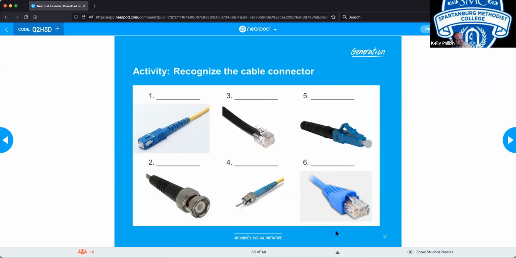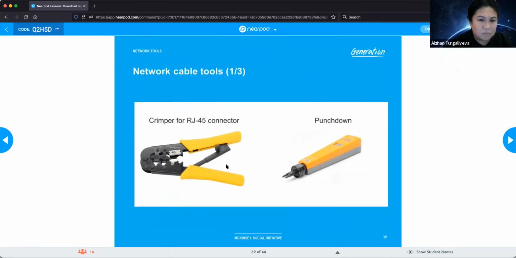Right here. I think it's RJ45. I think you are correct. Very good. So RJ45. Very well done.